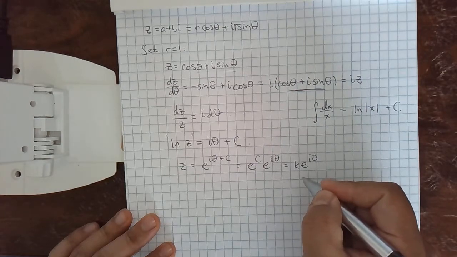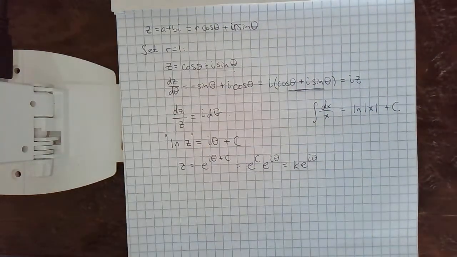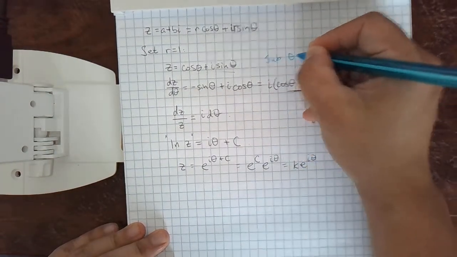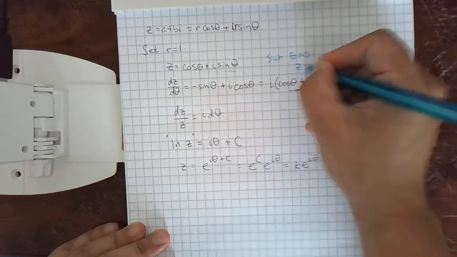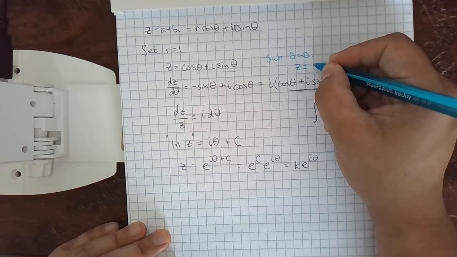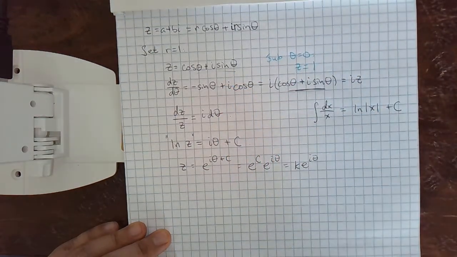Okay, and then let's just go back to the top to get an initial value. Let's sub the easiest value, which is theta equals 0. Then, because we know what the original function is also, z is cosine of 0 is 1, plus i sine of 0 is 0, so z is 1. This is a weird thing.